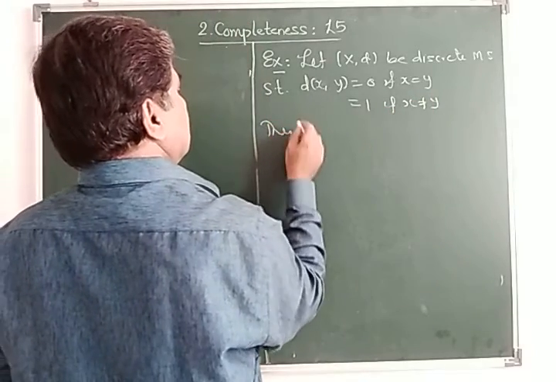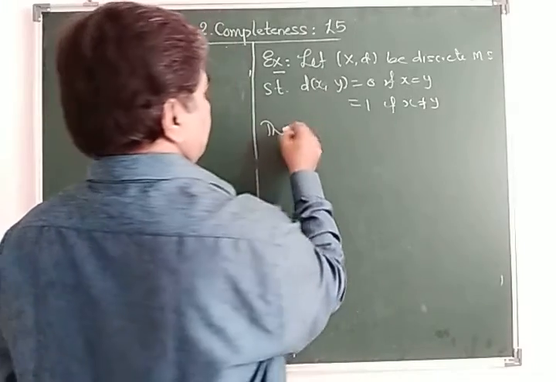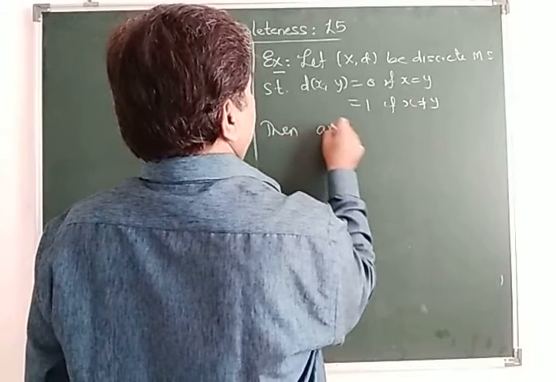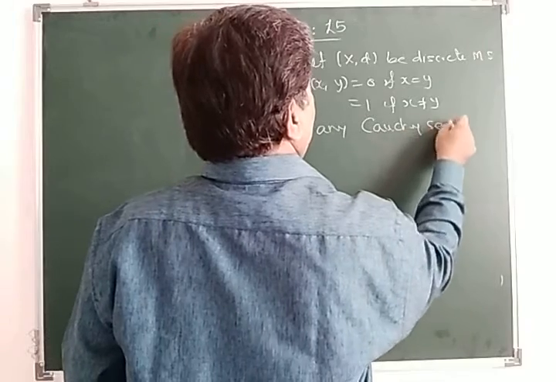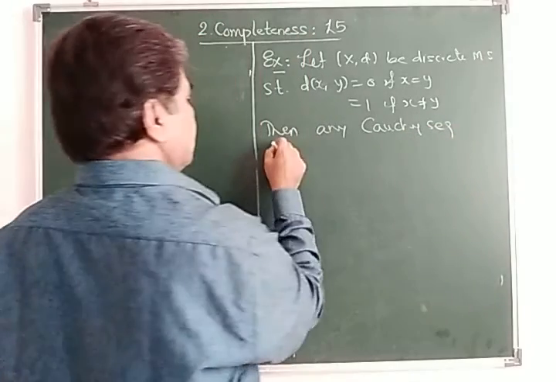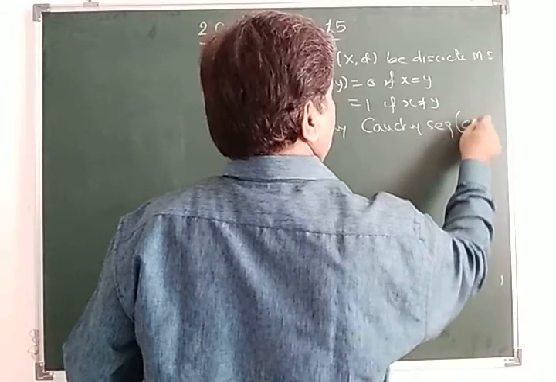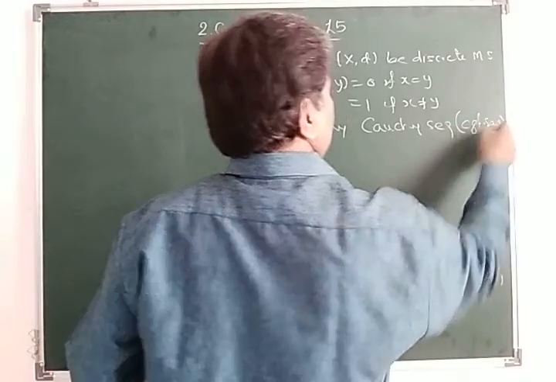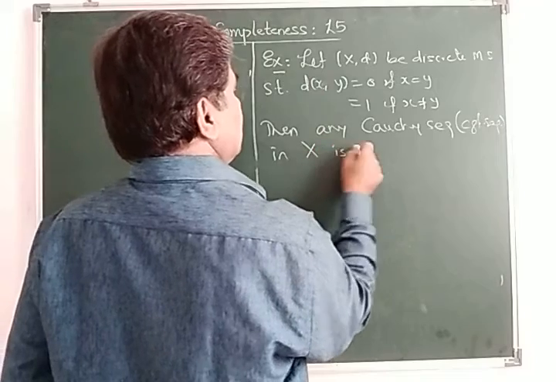Then any Cauchy sequence xn, Cauchy or convergent, in X is eventually constant.